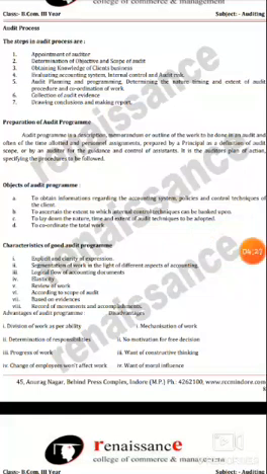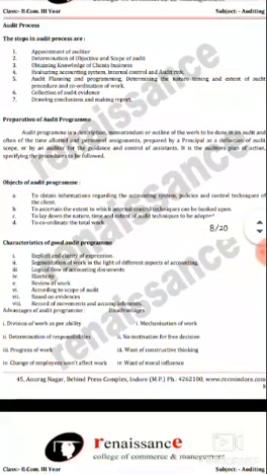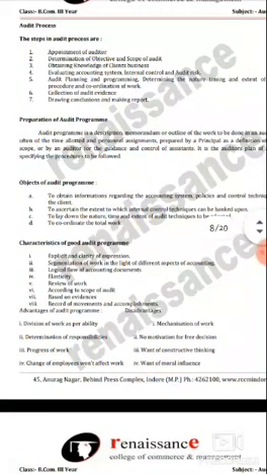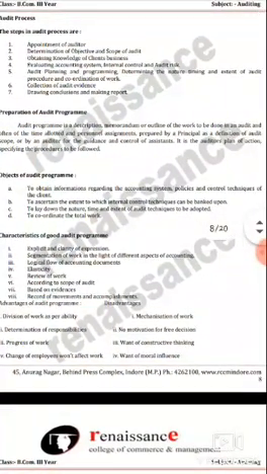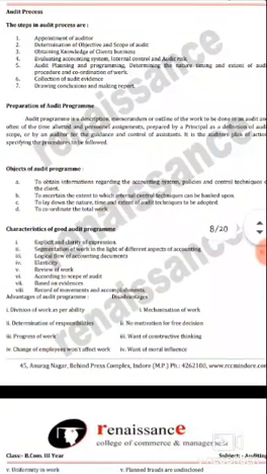Next topic is preparation of audit program. So an audit program is a memorandum or outline of the work to be done in an audit, and often of the time allotted and personnel assignments, prepared by the principal as a definition of audit scope, and used by an auditor for the guidance and control of assistants.